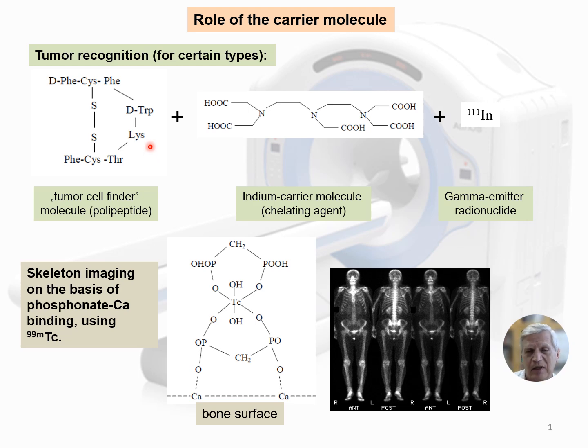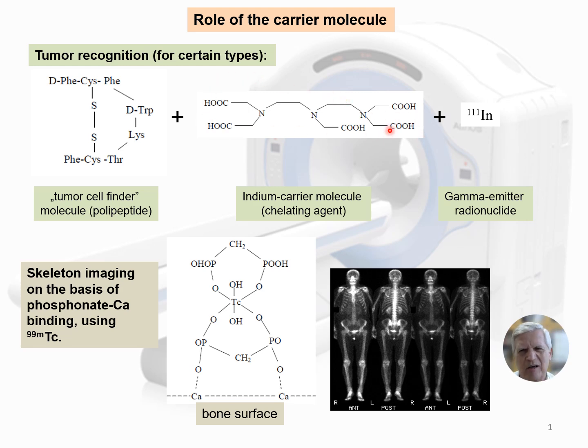Okay, but this is not yet a radioactive isotope, and we are in nuclear medicine. We would like to bring indium-111 to the tumor cell, to carry it somehow. But this molecule itself cannot carry indium directly, so we need another molecule, which is an indium carrier molecule in this case.